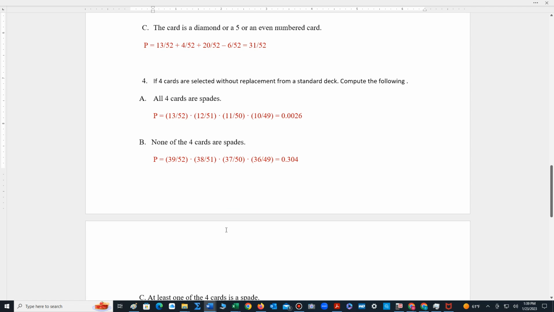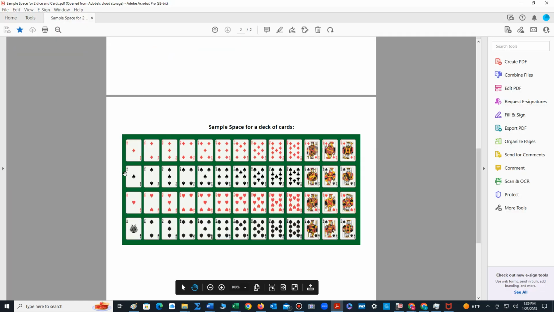Now for part B, it says none of the cards are spades. So none of the 4 cards are spades. Well, let's count all the non-spades, right? So we want to pick a card that is not a spade. So if we exclude the spades, we have 13 of each type. We have to choose from these cards here.